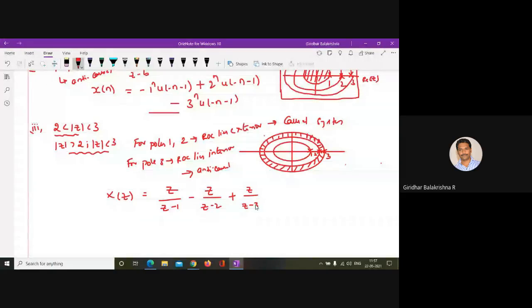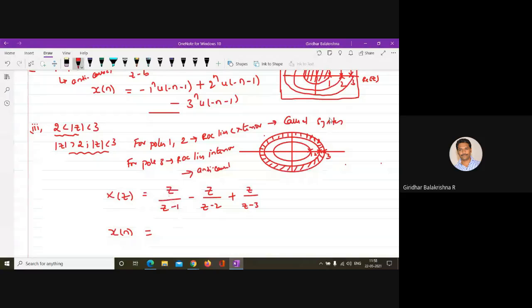While applying inverse z transform, for poles 1 and 2 what do we need to apply? Causal system. Only for pole 3 we need to apply anti-causal.